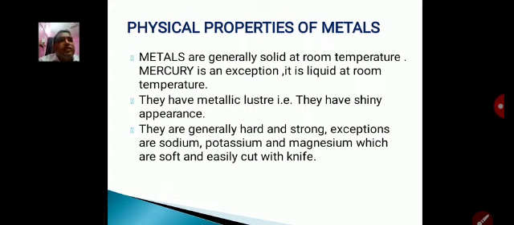It is due to the property of malleability that metals can be bent to form objects of different shapes by beating with a hammer. For example, it is because of the malleability of iron that an ironsmith can change the shape of a block of iron metal by hammering to make different shapes.